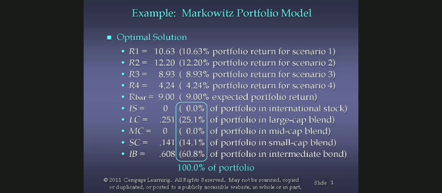As a conclusion, the Markowitz portfolio model provides a very convenient way for an investor to trade off risk versus return. In practice, this model is typically solved iteratively for different values of return. So in finance, there is a graph called the efficient frontier.